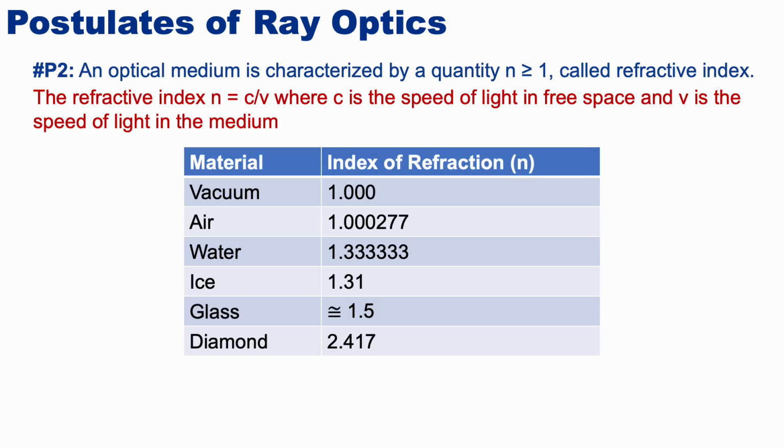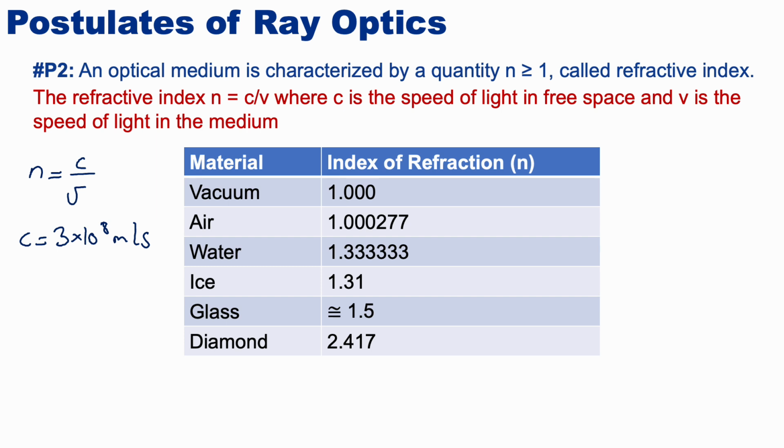The second postulate is related to how we characterize a medium. For a medium, we use a parameter called the refractive index. The refractive index gives us a quantitative description of how fast light travels in the medium. It is the ratio between the speed of light in free space or vacuum, which is a universal constant and already known, and the speed of light in the medium.